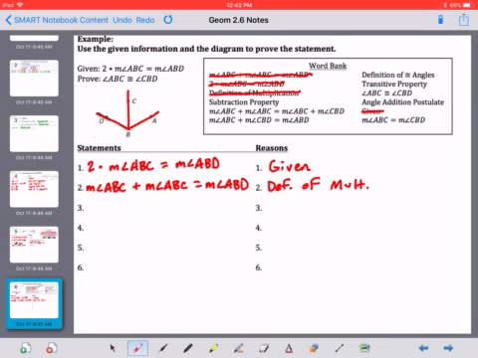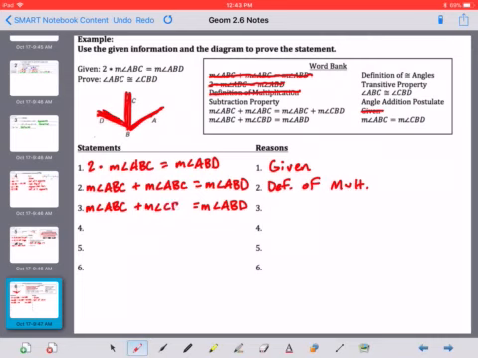All right, let's see what we can do next here. If I look at this, I'm going to focus here on the measure of angle ABD. So let's go back up to this picture. That angle is created by 2 angles, right? It's created by this angle ABC here on the right, so the measure of angle ABC, and then it also is this angle on the left, angle CBD.